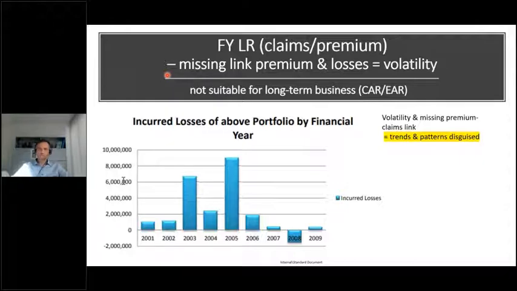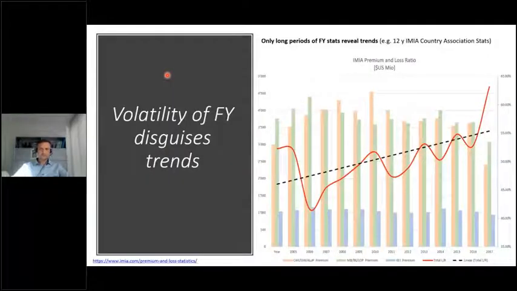We have tackled this already before, and we also showed in the presentation during the IMIA conference, when we were looking into more years, we took 12 years of the country association stats. Then we could see that actually the trend we were observing with the IMIA rate change index translated directly into loss ratio increase.